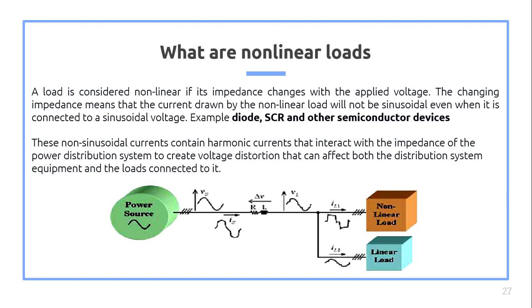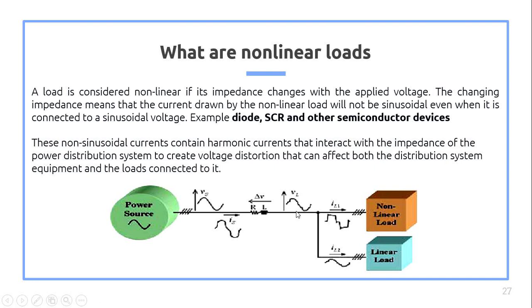Examples of nonlinear loads include diodes, SCRs and other semiconductor devices. These non-sinusoidal currents contain harmonic currents that interact with the impedance of the power distribution system to create voltage distortion that can affect both distribution system equipment and the load connected to it.